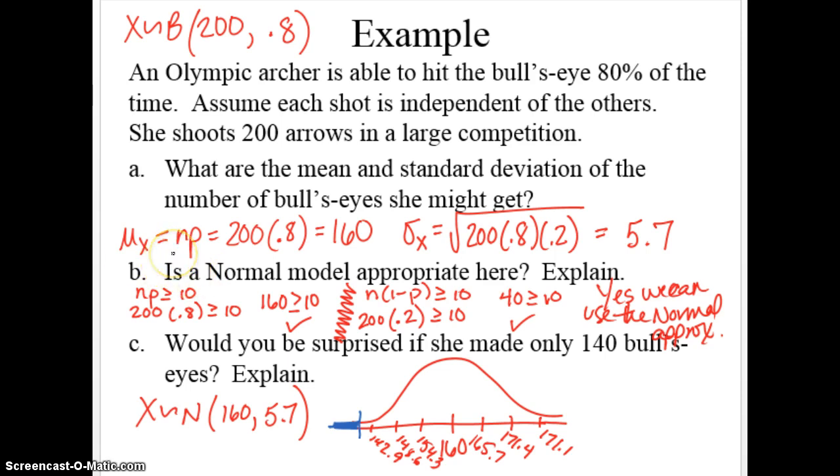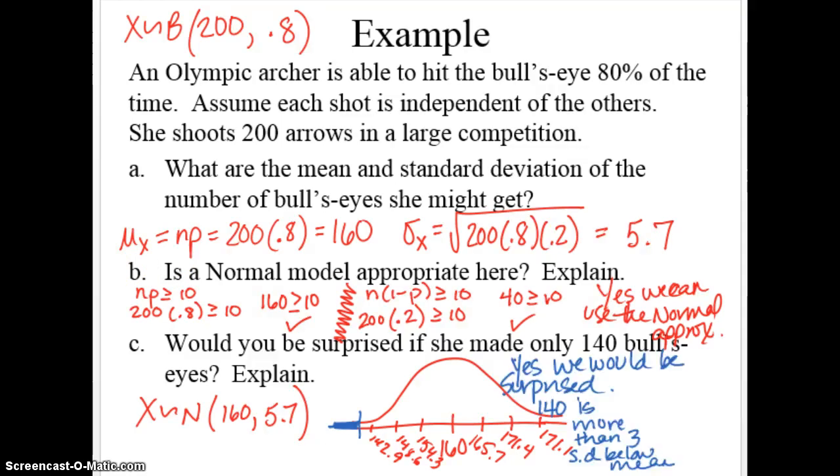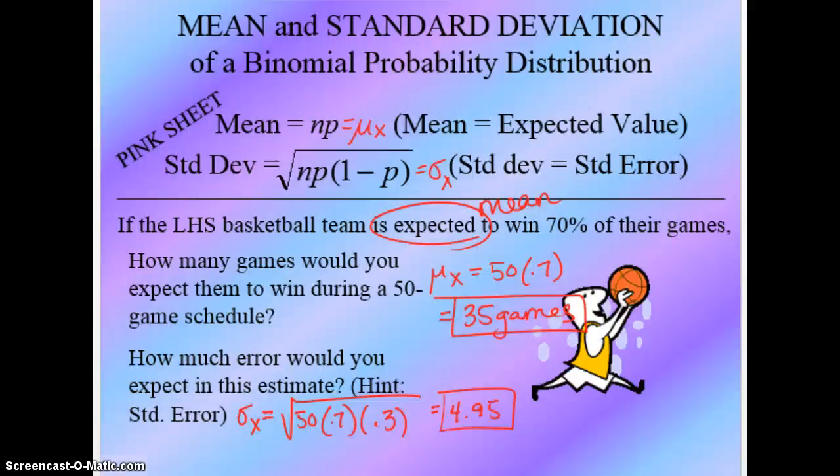We are more than 3 standard deviations below the mean. So yes, we would definitely be surprised if she made only 140 bullseyes. So that is using the binomial distribution, finding a mean and standard deviation.